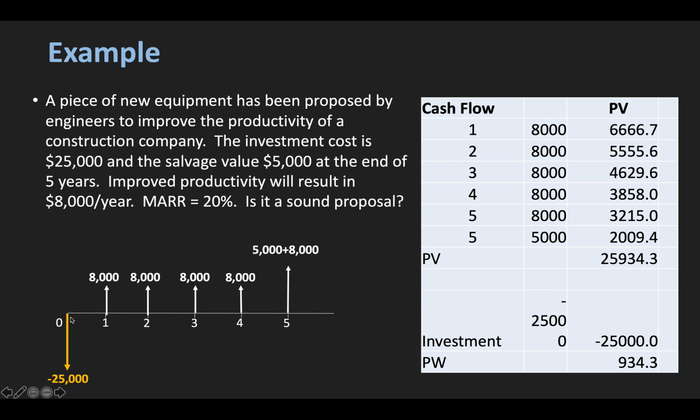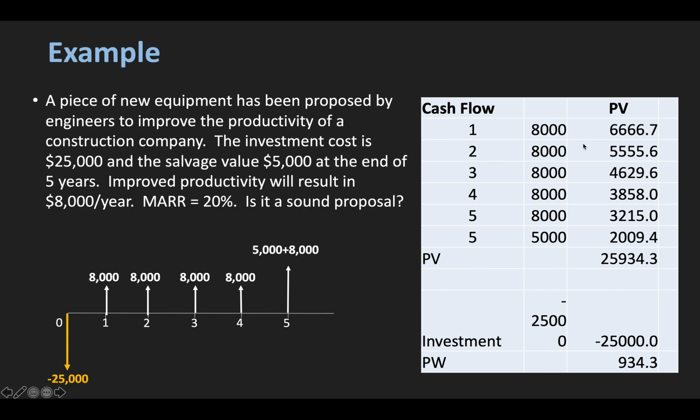Okay. The cost at year 0 is $25,000. And then for each year, you are making $8,000. But at the end of year 5, you sell the equipment, you're going to get another $5,000. So all this together is how much money.